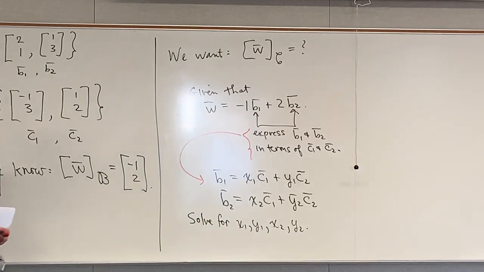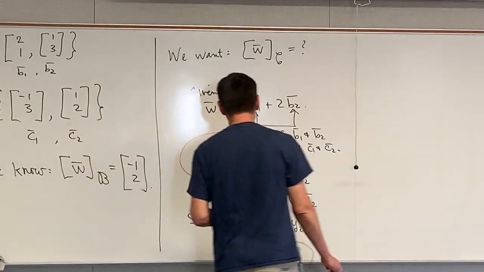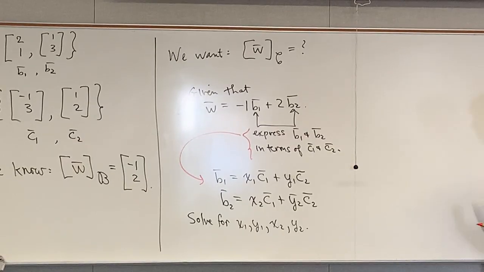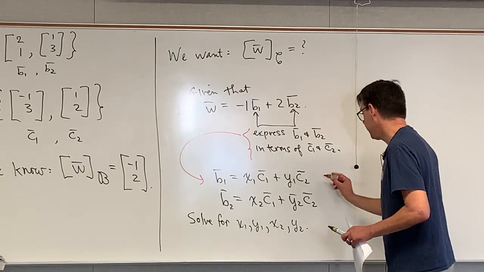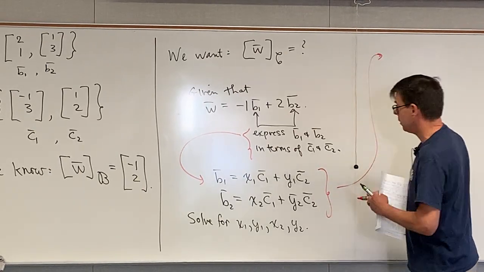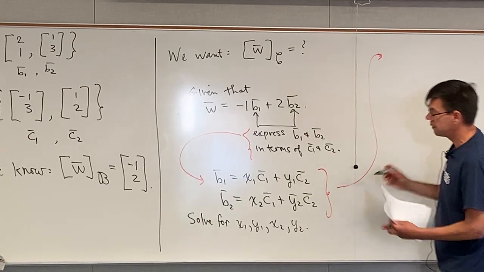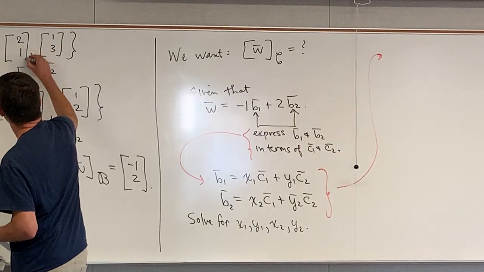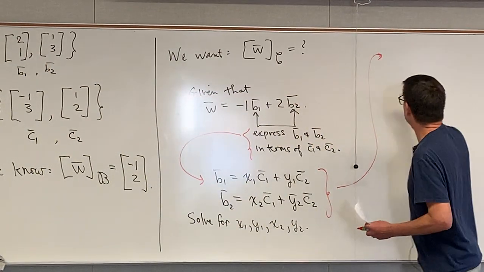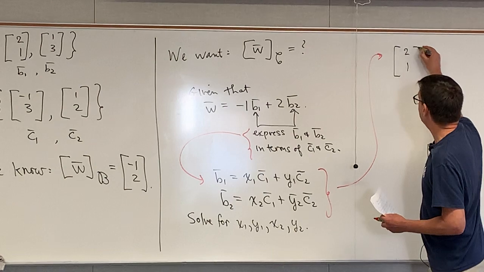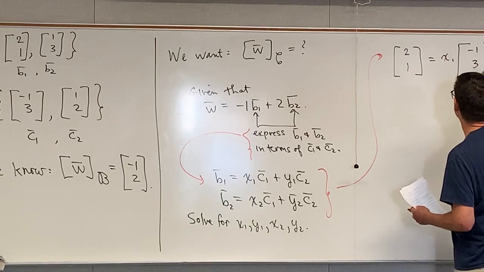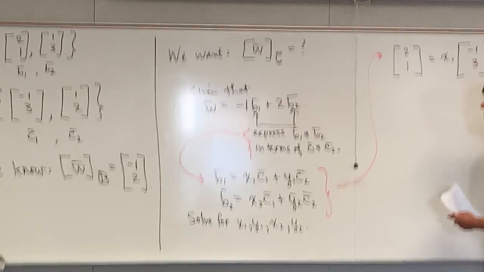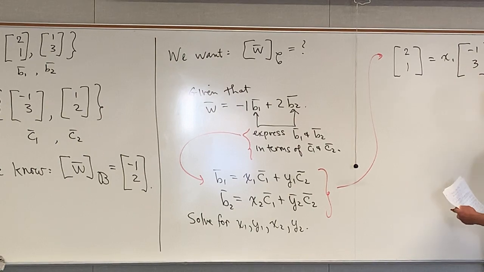We've got 4 scalars we're trying to find, right? And this is just a very straightforward kind of algebra problem. Let me recopy this in terms of coordinates. So B1 is (2, 1) equals x1 C1, (-1, 3), plus y1 C2, (1, 2).